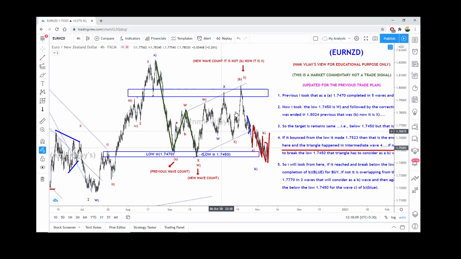So this could be a W, this is an X, A, B and C got over, or one more low is also possible. After that, I'm very eagerly waiting to enter this trade. Whether I could enter here also, I will show you in that smaller time frame. My target is that it has to break this high.